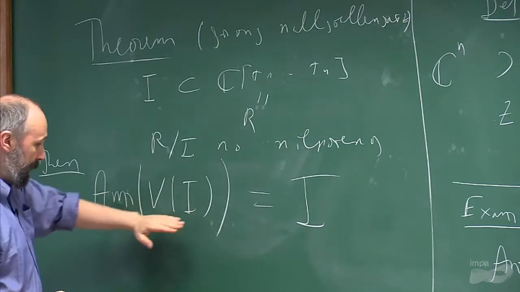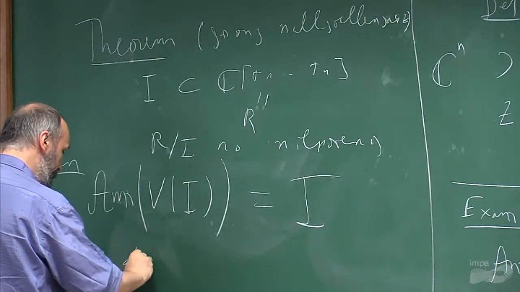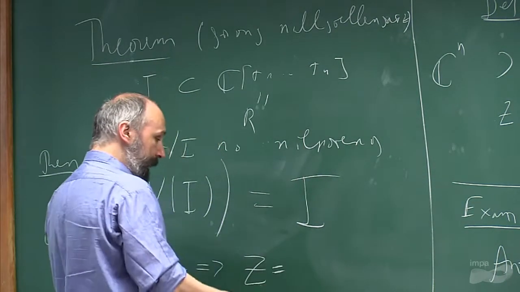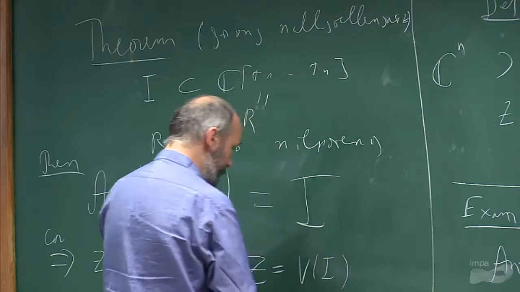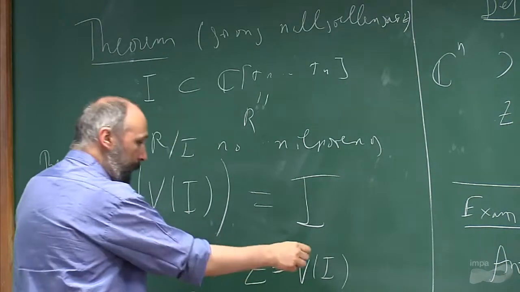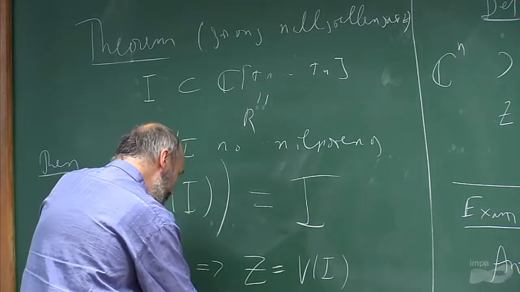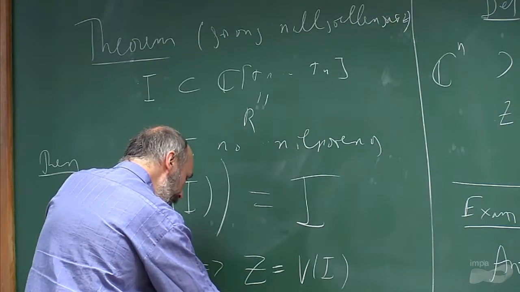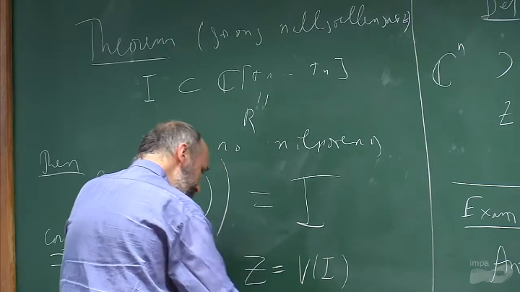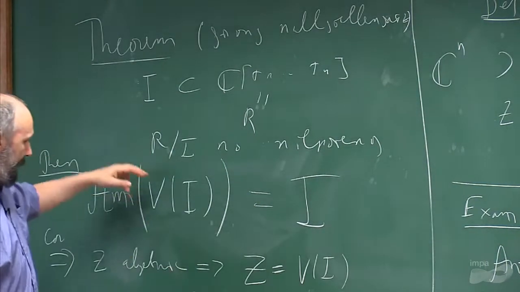So if you have started from an algebraic set, so the corollary: if Z is algebraic, this means that Z is the common zeros of some ideal, right? This is the definition. And then we can also remove all nilpotents. Then the annihilator of V of Z is I, again by this theorem.